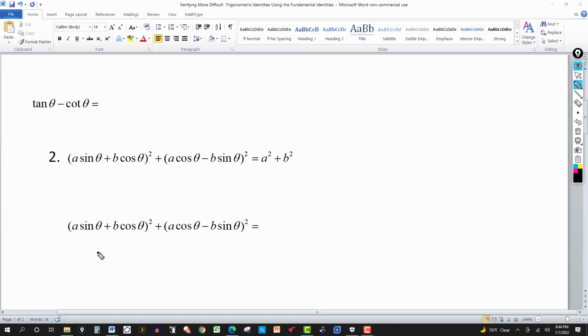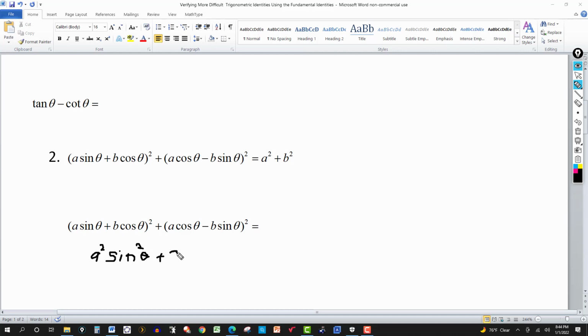Okay, so that would give me, square the first term. That'll be a squared sine squared theta. And then it's a plus here. Twice the product of the a sine theta, b cosine theta.